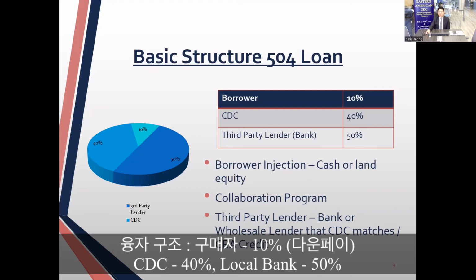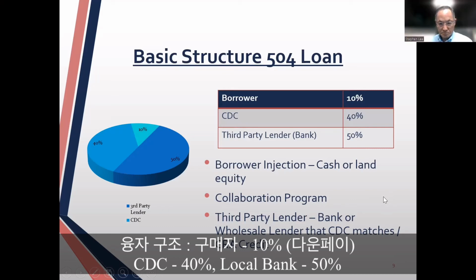This is a collaboration program, so we are giving you, the small business owner, 90% LTV total. The third-party lender comes up with 50%, and we're providing 40%.